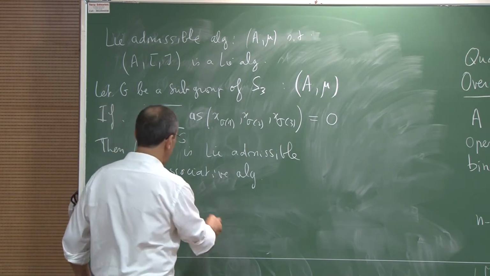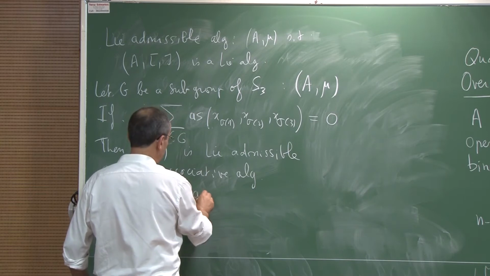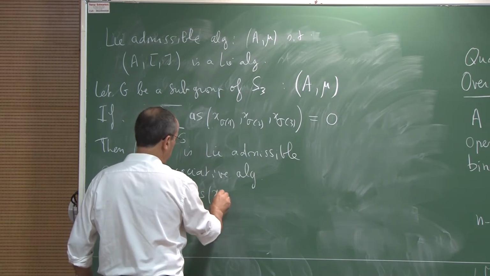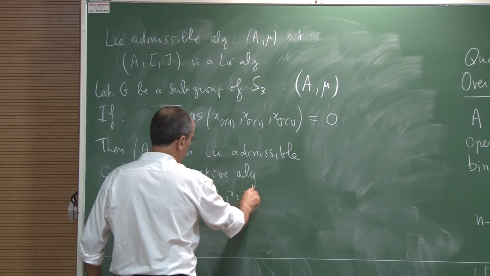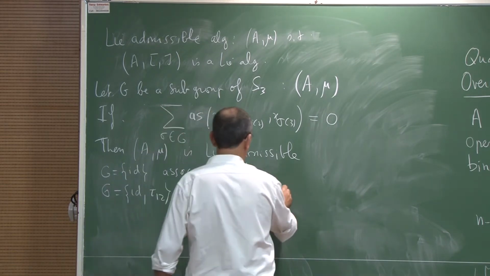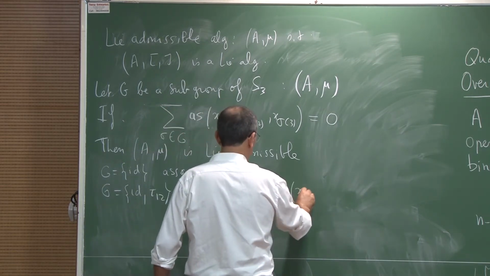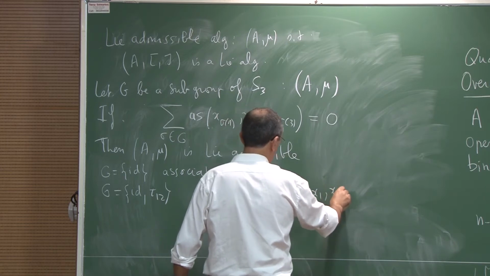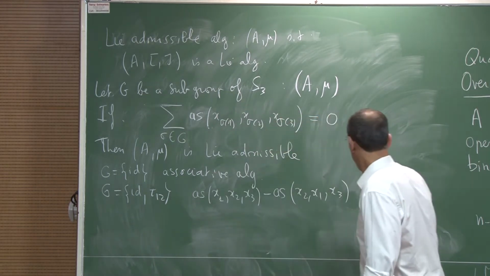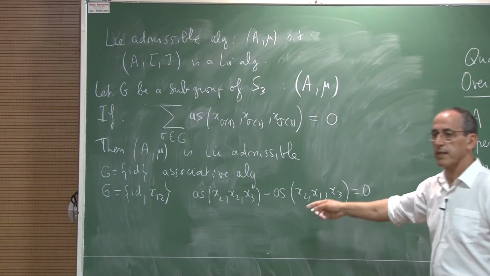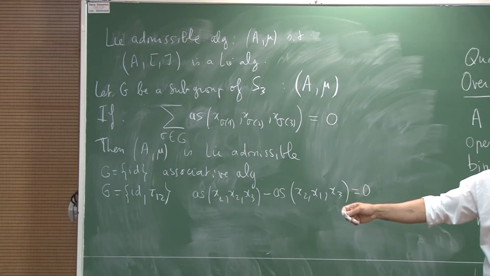What you get here is the associator of x1, x2, x3 minus the associator of x2, x1, x3 equals 0. And this class of algebra is called pre-Lie.